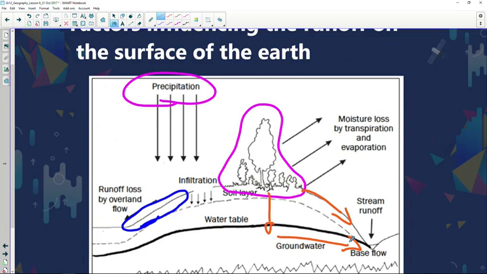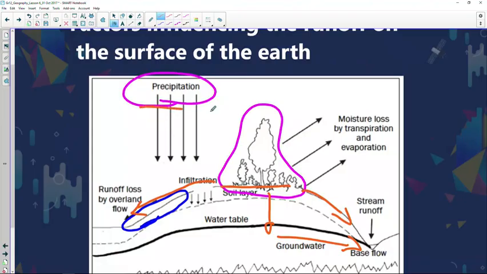Now, if we look at less vegetation over here, it's going to promote surface runoff. As you can see, a steep gradient also promotes surface runoff. Over here with a gentle gradient, there's going to be less surface runoff. So the water is rather going to infiltrate than run off in river channels.